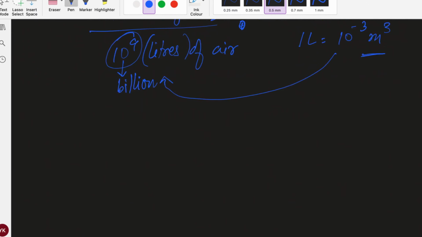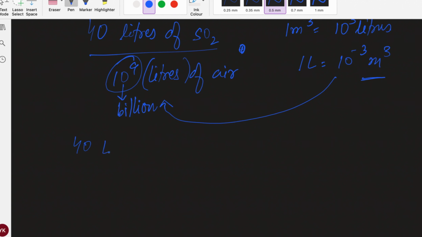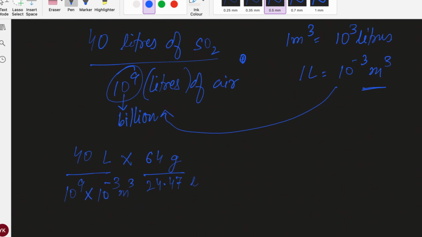We have 40 liters of SO2, and SO2 has a molecular weight of 64 gram per mole, and 1 mole has a volume of 24.47 liters. Then we divide that by 10 raised to power 9 liters of air, and in place of liter we use 10 raised to power minus 3 meter cube.